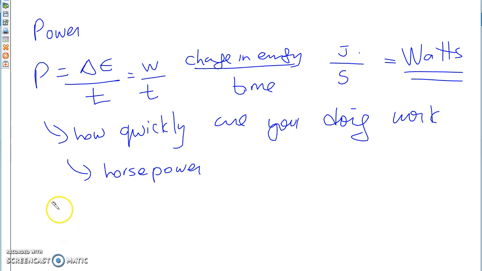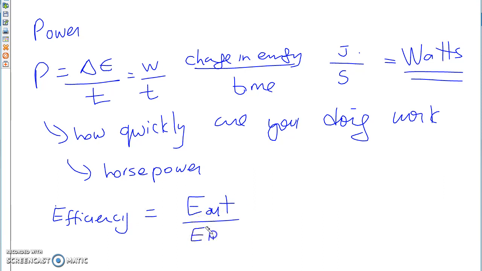Power. The next thing that we did was efficiency. Now you've already got the formula for efficiency, but because this is the energy formula, it's E out divided by E in times 100%. Now this is for all energies.